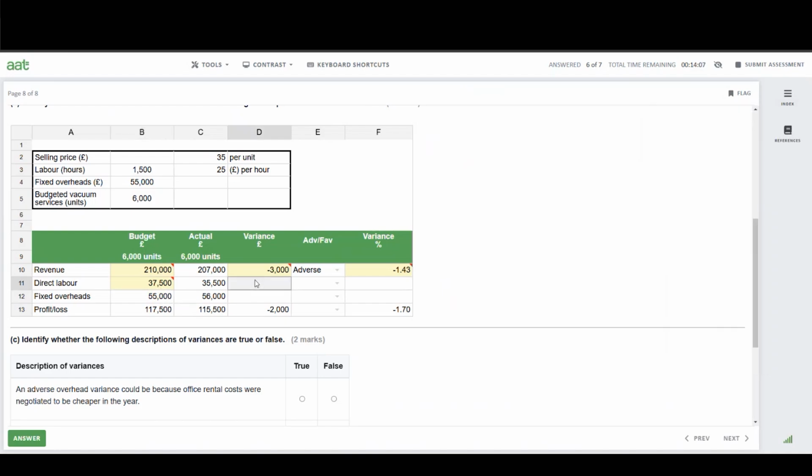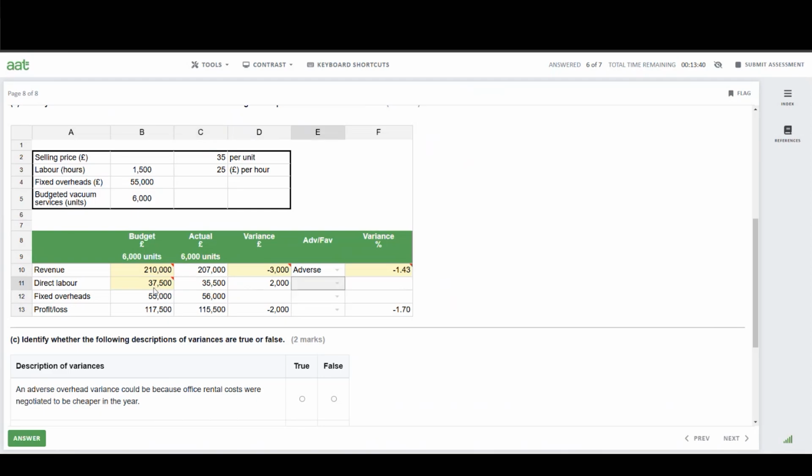I don't need to put formulas in now. I can just calculate the variance. Remember, this is a cost variance now. If we look here, our actual cost was less than budget. So that's a favourable variance, isn't it? So we're not expecting to see a negative value here. So my variance here is £2,000. That's the difference, isn't it? It's not negative because our actual figure was less than budget.